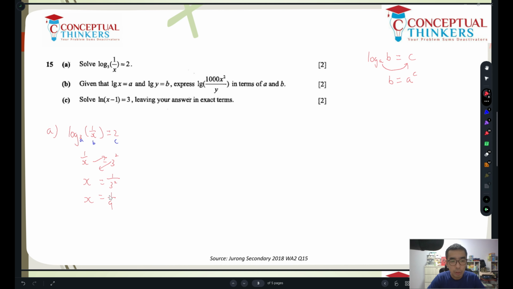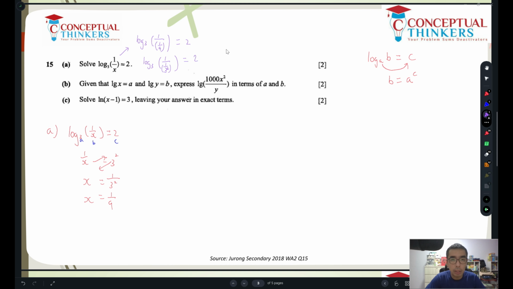Once you get this answer, what you can do is a check. You can substitute your x back here. So let me do a simple check. From here, I'm going to get log base 3 of 1 over 9, which is our 1 over 3 square, and it should be equal to 2. So let's do something to this. I'm going to get 1 log base 3, and this one I can write as 1 over 3 square, equal to 2.